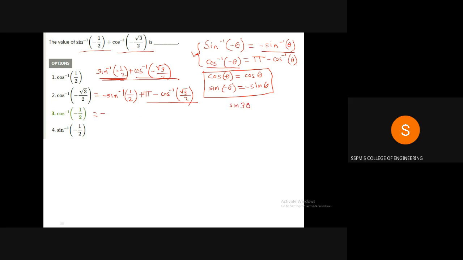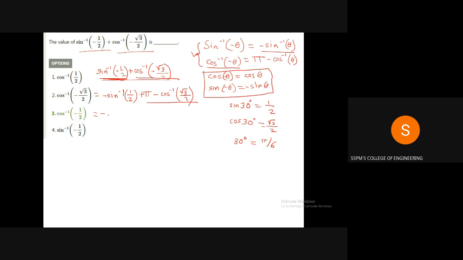What we know is that sine 30 is equal to half, and cos 30 is equal to root 3 by 2. 30 degree is equal to pi by 6.